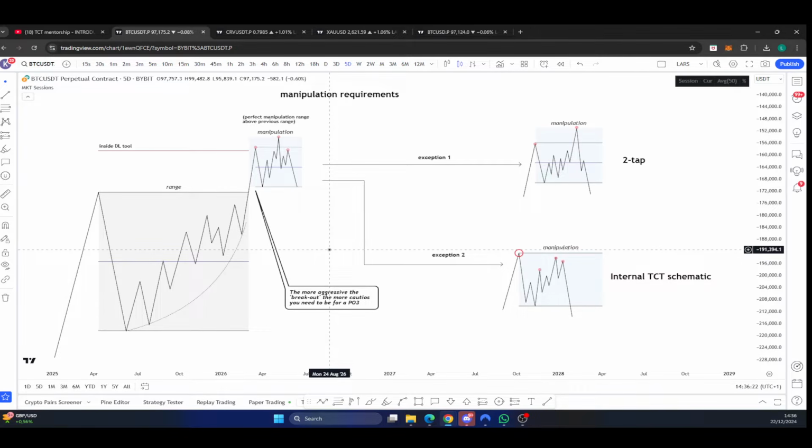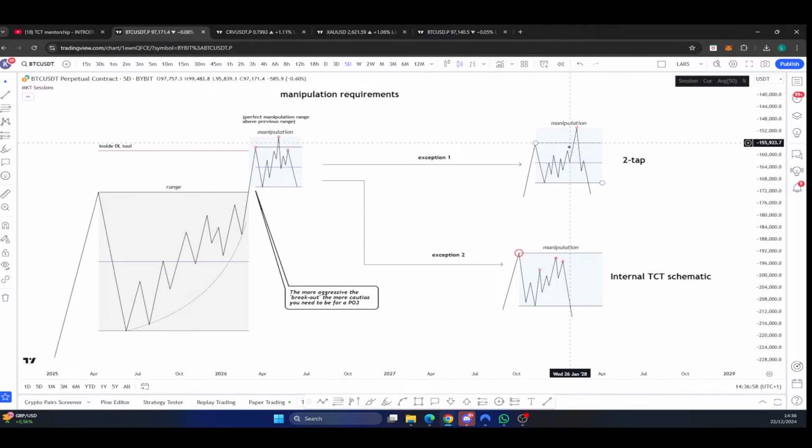There are two exceptions I want to talk about, which I see more often than not, okay? And that is whenever you have a potential PO3, price tends to sometimes put in a two-tap schematic. Now, what is a two-tap schematic? It is simply that price creates that range in the manipulation phase that we want, but it only deviates the high once and then already reverses back down, never putting in that third tap to validate a distribution model.